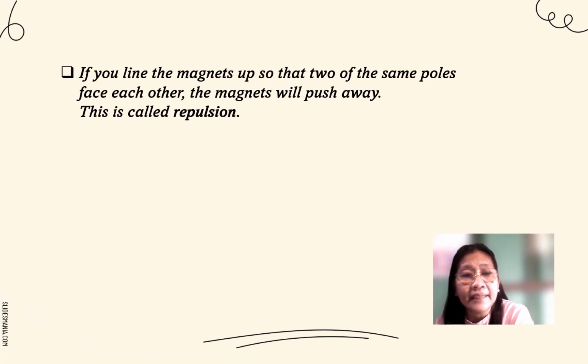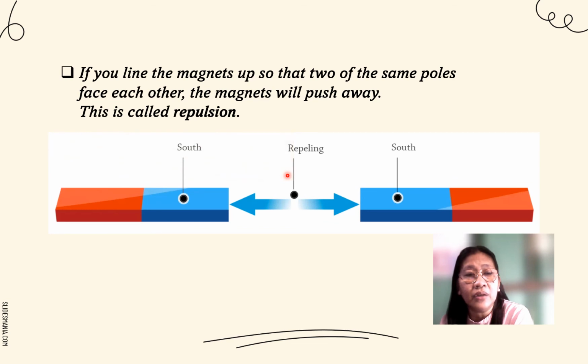If you line the magnets up so that two of the same poles, take note of that, face each other, the magnets will push away. This is called repulsion. Look at the lineup of the two magnets.